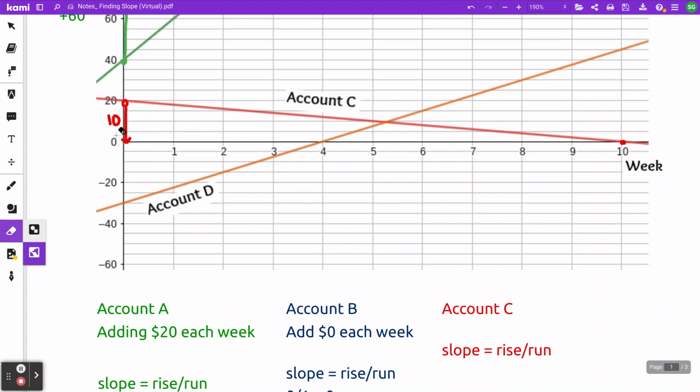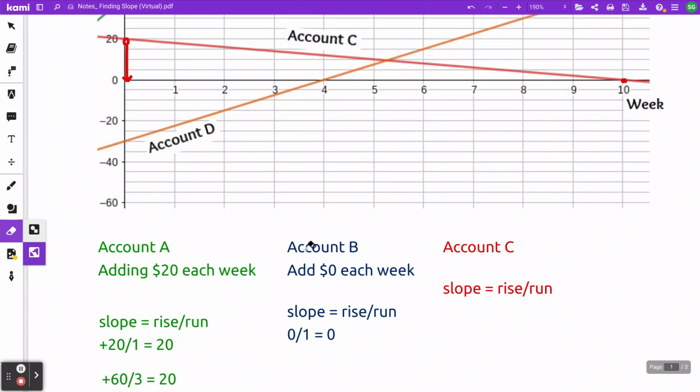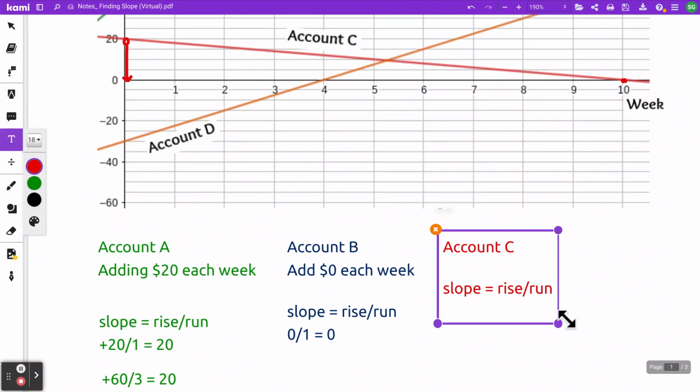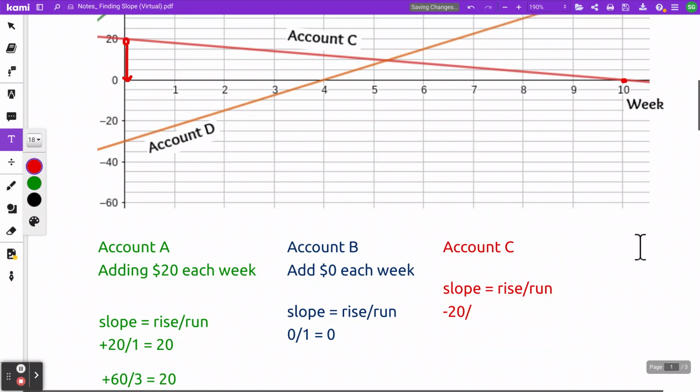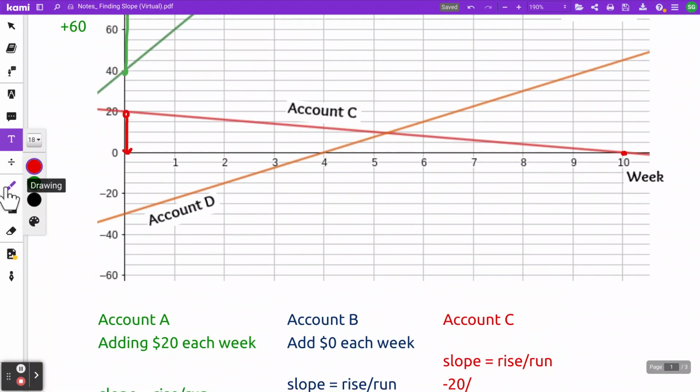Now that 10 looks confusing. I think that was from earlier when it was at this line, but it's not going down $10. How much is it going down? From this first point to this last point, it went down 20. So for my slope, if it's going down 20, I'm going to say that is a negative 20. So they spent $20.